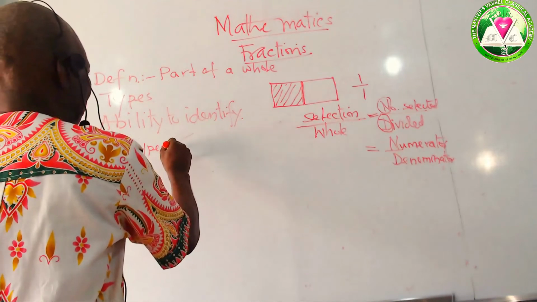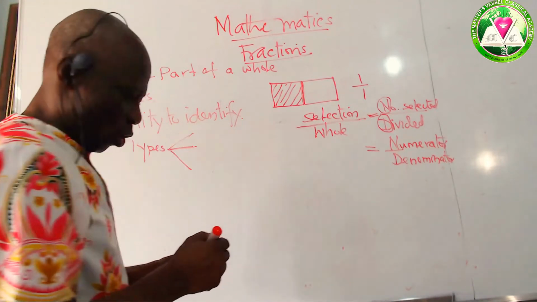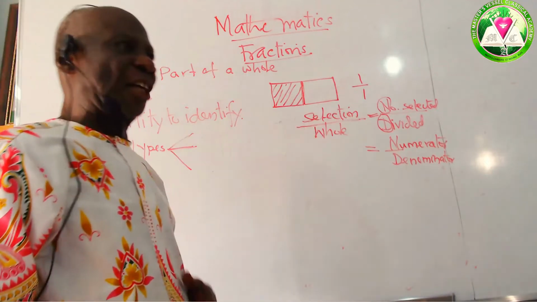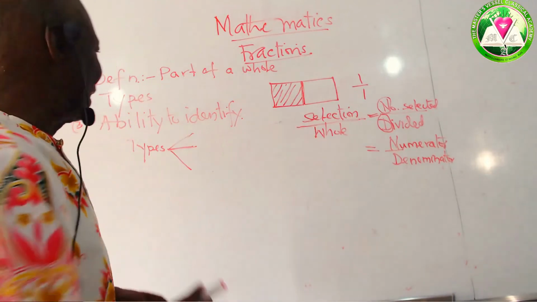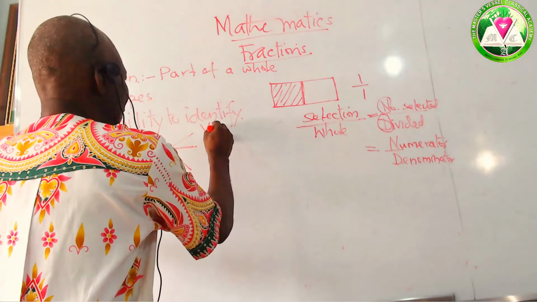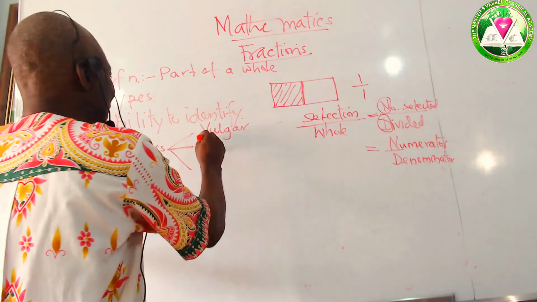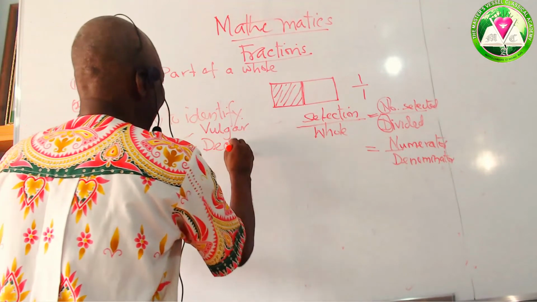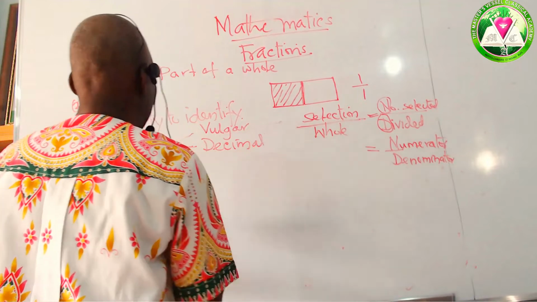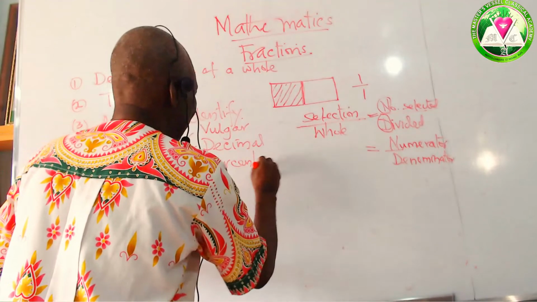Very many types. But we shall concentrate on the three great-grandfathers of fractions. First one, vulgar. Second one, decimal. Third one, percentage.